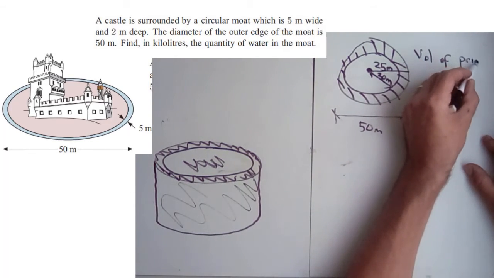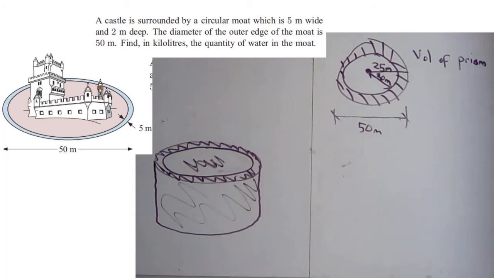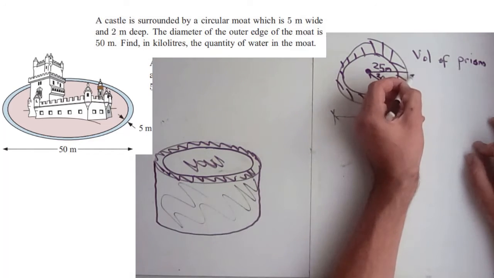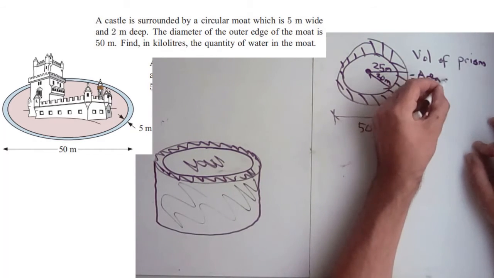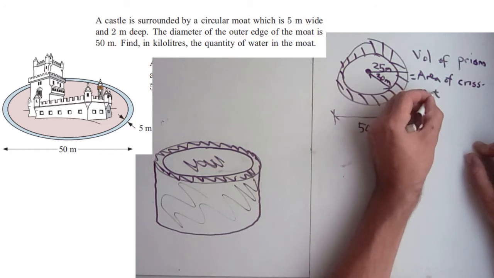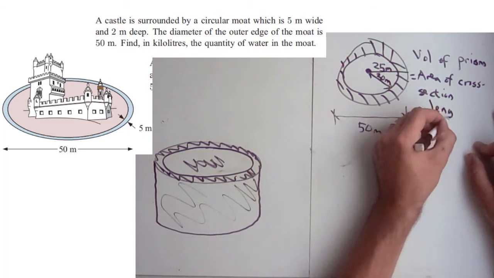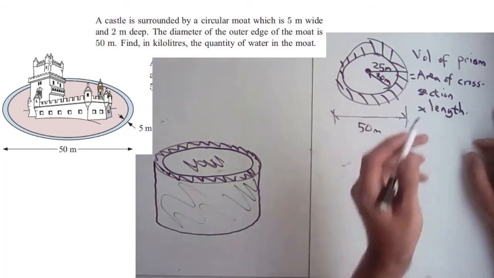So the volume of a prism, so anything with a constant cross section, in this case a sort of circular ring, anything with a constant cross section, doesn't change size, going all the way through it, the volume is area of cross section times the length, as in the length that that cross section goes through the shape.